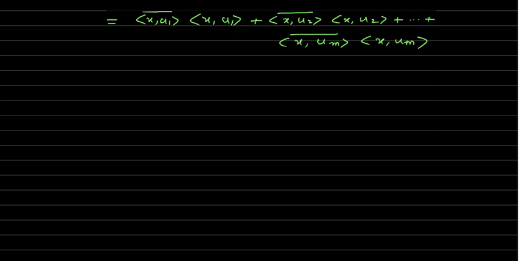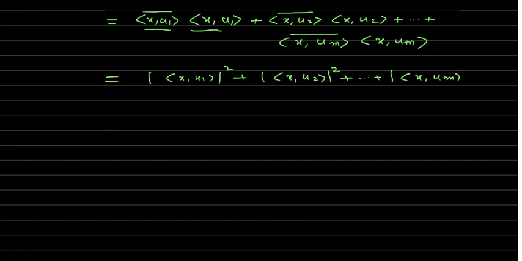So this is the product of a complex number, a scalar with its conjugate. So that's equal to the mod of the scalar squared plus mod of the scalar squared plus mod of x un squared.